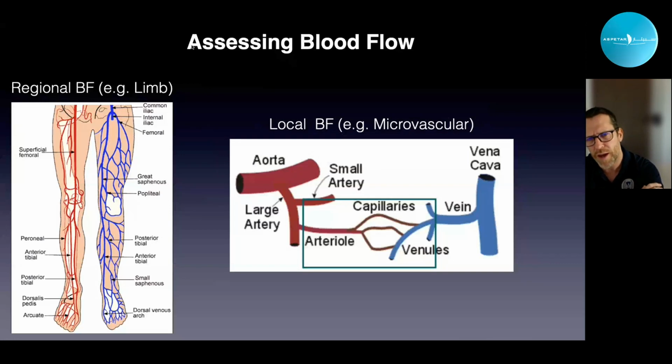So once we move away from the bigger arteries and move towards the capillary beds, arterioles and venules, there's two sides to measuring blood flow which are important. We've got the regional, which is the bigger vessels, and then the more microvascular flow. And it'll be important as we go through that we remember this terminology.